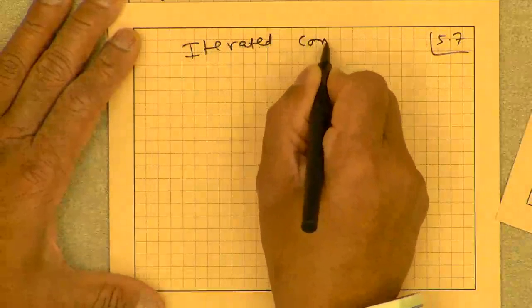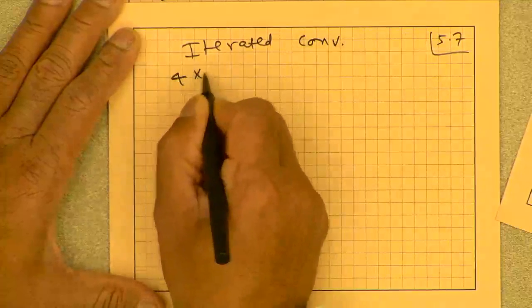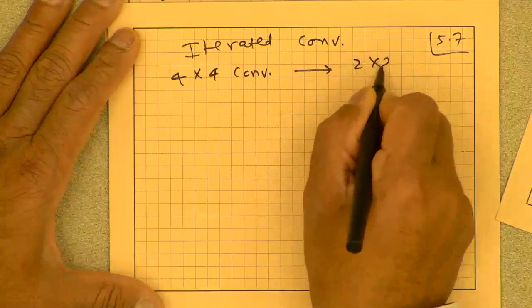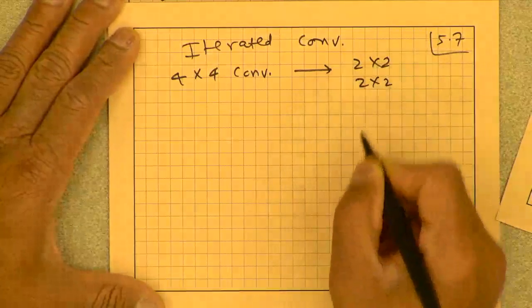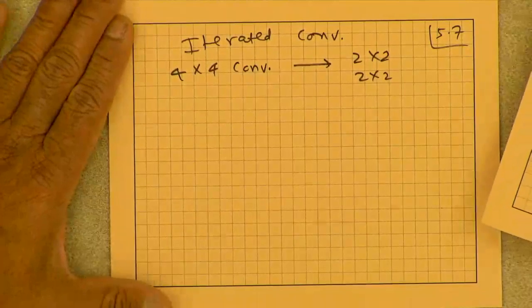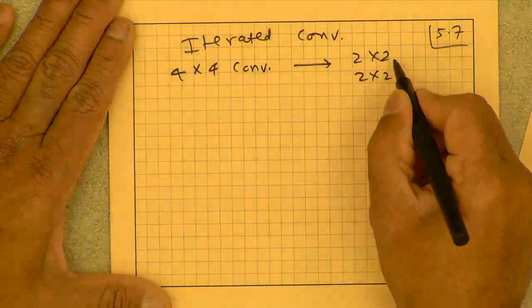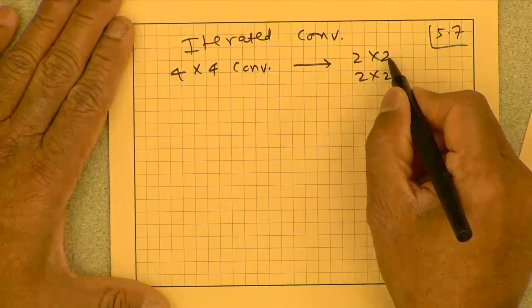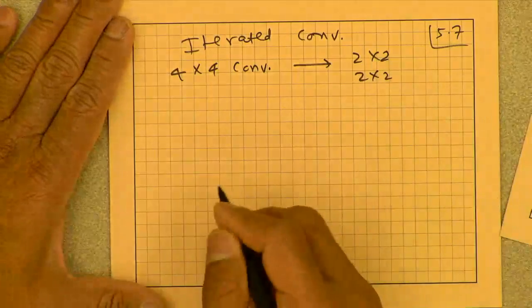So iterated convolution: if I want to do a 4 by 4 convolution using 2 by 2 and 2 by 2, one of them inner, one of them outer, you can get a lot of different results if you use different fast algorithms for 2 by 2, then you will get different structures.